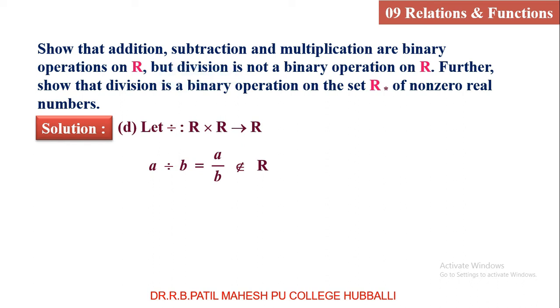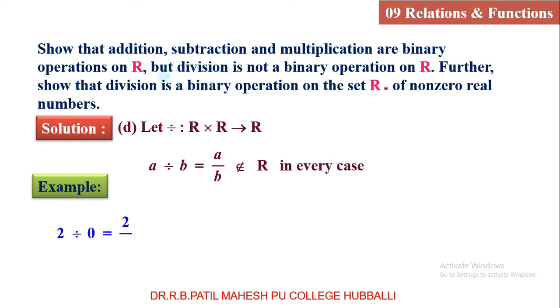Let me take one example: 2 divided by 0. 2 divided by 0 does not exist. It is not there in the set of real numbers. Even though 2, 0 belong to the real numbers, after operating 2 star 0, which is equal to 2 by 0 because star is division here, 2 by 0 does not belong to R.